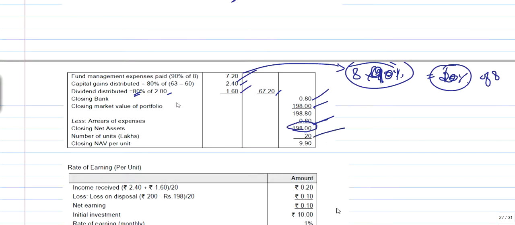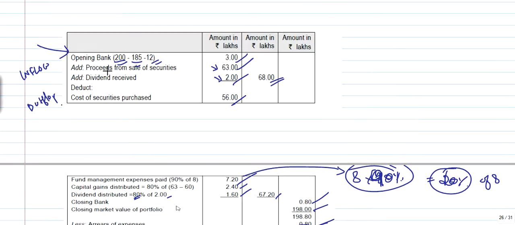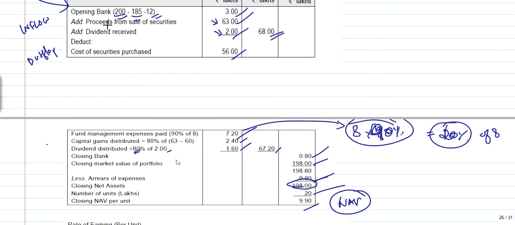Then we know the 20 lakh number of units, so we get NAV. So what we did: we calculated the opening cash or bank, then inflow added, whatever the income, then outflow deducted. We distributed the expense also, deducted, and the distributed gains, we deducted, capital gain and the dividend.